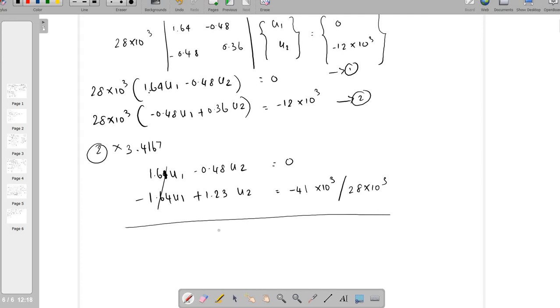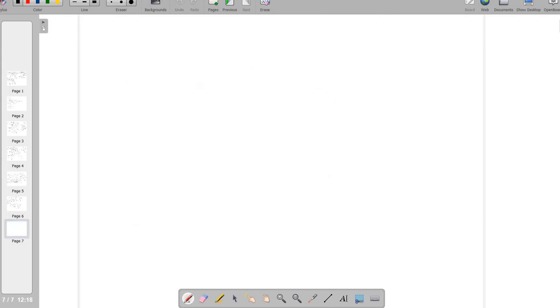So you can cancel this. And finally you get 0.75 u2 is equal to minus 41 into 10 power 3 divided by 28 into 10 power 3. So if you cancel, you get minus 1.952 mm as u2. And if you substitute the u2 value in the first equation, you get u1.